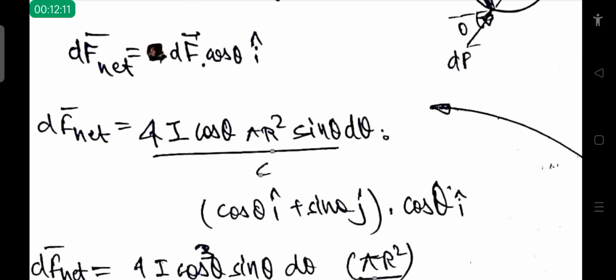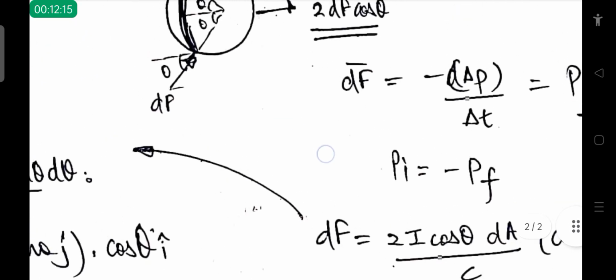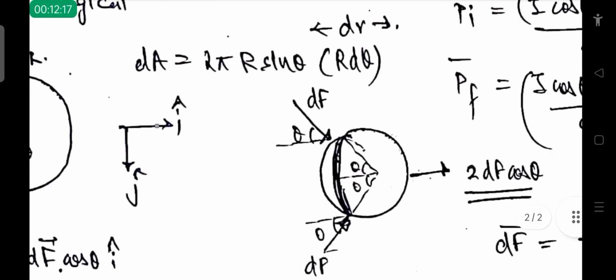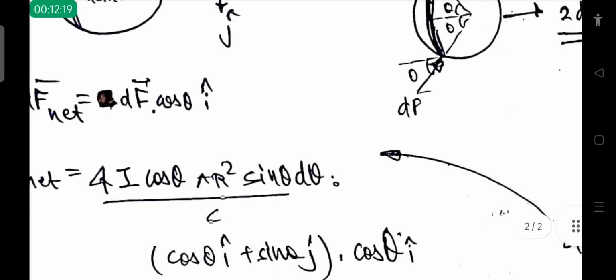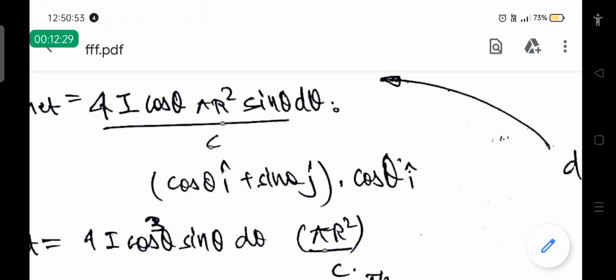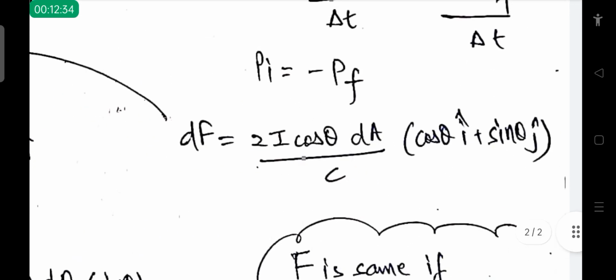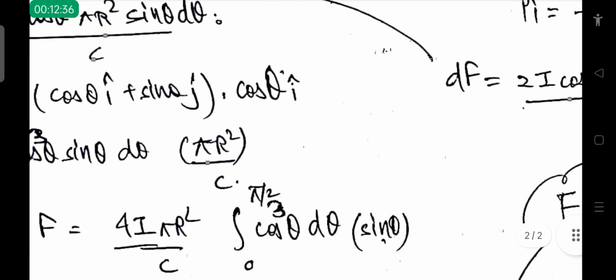So dF net can be written as, I have written the value of dF from here: 4I cos theta pi r square by c into sin theta d theta into, which I have written in the next line, this term was also there, into cos theta i cap plus sin theta j cap.